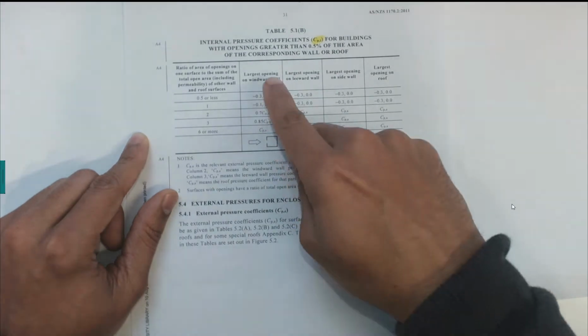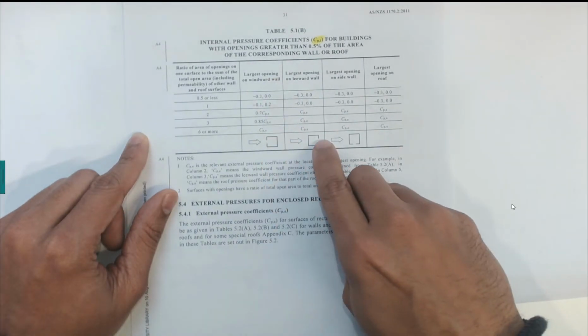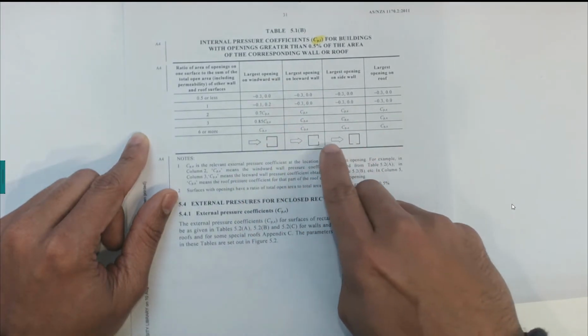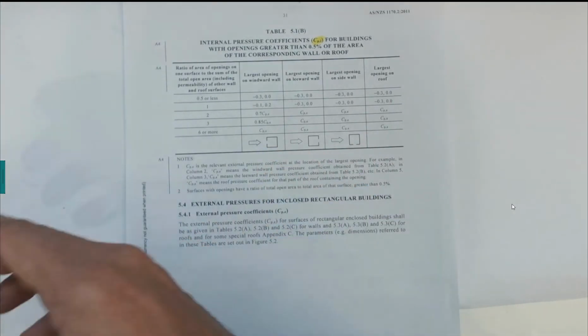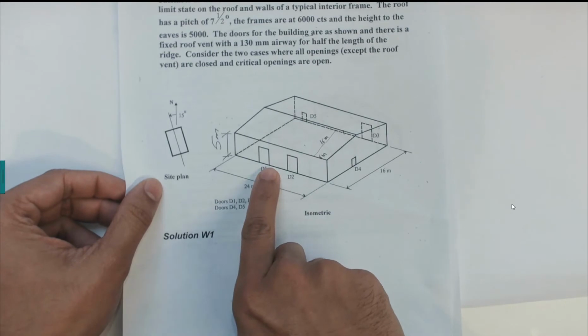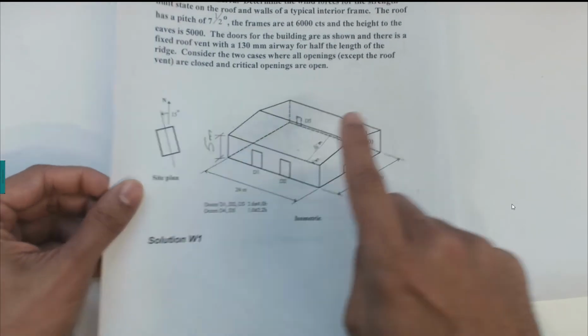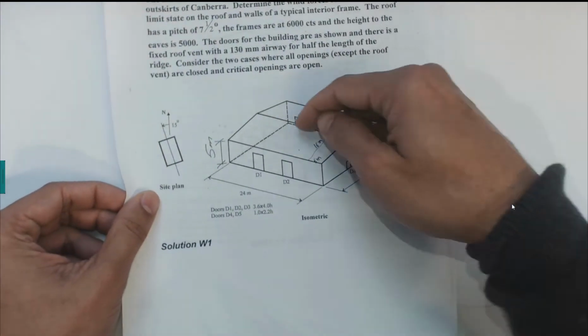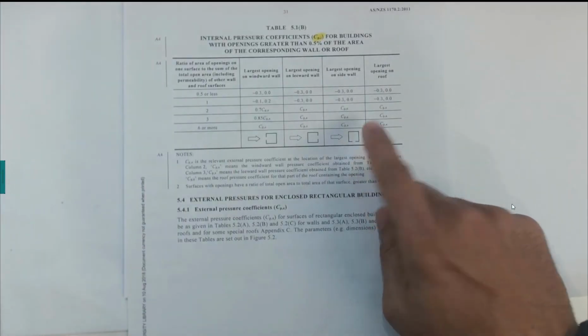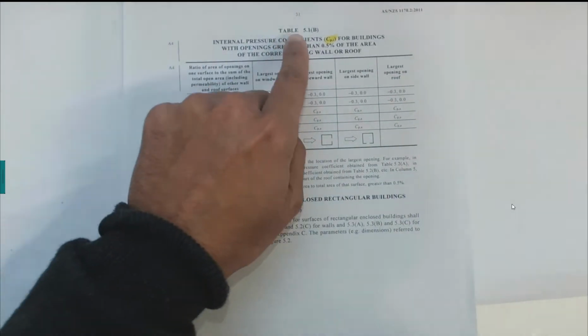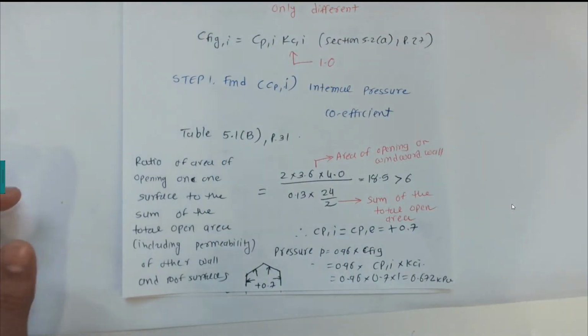For example, the opening can be on the windward wall, the leeward wall, or the side wall, depending on the wind direction. If the wind is coming from here and the opening is here, we use this case. Opening on the leeward wall, we use this case. Opening on the side walls, we use this case to calculate the CPI. Now we are going to use 5.1b as we have an opening on one of the surfaces.